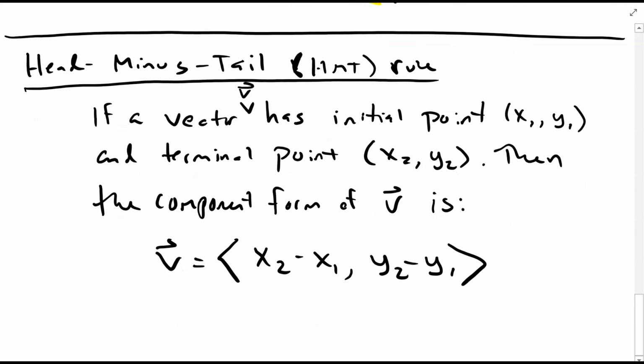So if I have a vector v that has the initial point x1, y1, and a terminal point x2, y2, then the component form for vector v is just going to be x2 minus x1, comma y2 minus y1.